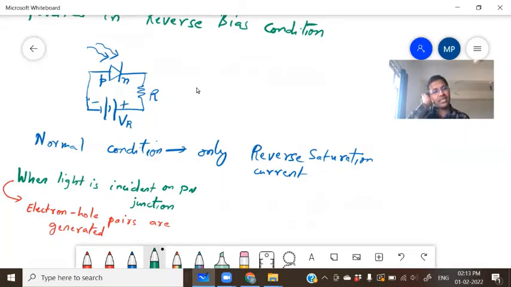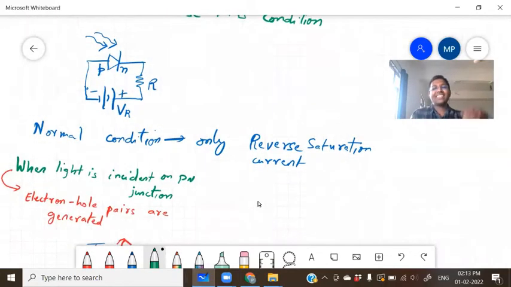In normal condition, only leakage current is flowing, or reverse saturation current is flowing. When light is incident on the PN junction of the photodiode, as I told you, there is a window through which light can pass, and through that light is incident on the PN junction of the photodiode, right? Then what happens?